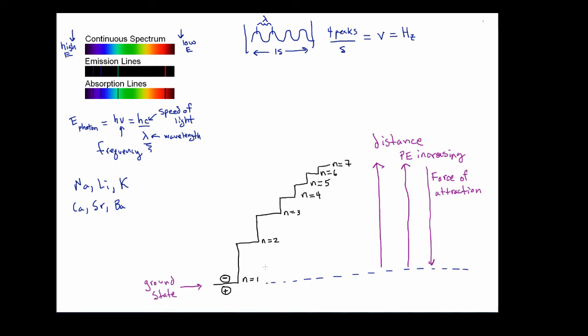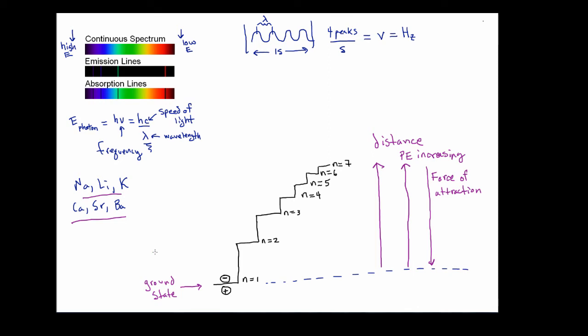All right, now, how does the Bohr model work? Let's go back to the idea of what Bohr and Rydberg did. Let's say we have some hydrogen, and we energize it by putting it into a flame.